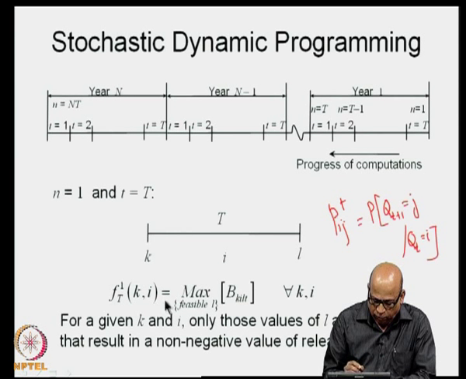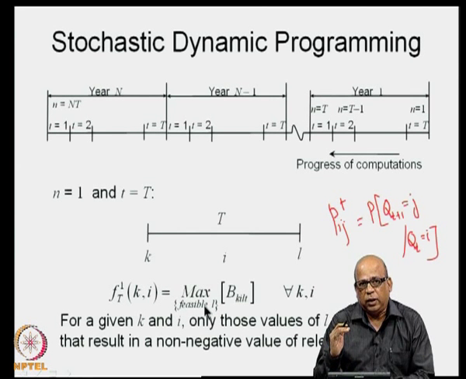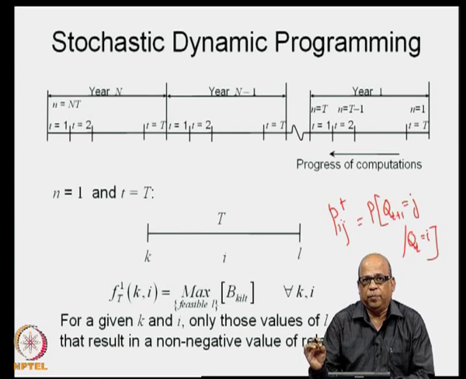And we are looking for the maximization of this system performance measure for a given k comma I, and we are making the search over all possible L values which are feasible. So, for a given k and I, we are asking the question, what is the optimal L?